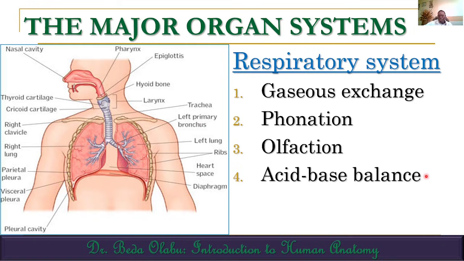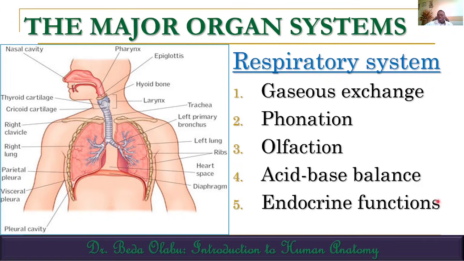We have blood, we have the lungs, and we have the kidneys. Also, the respiratory system may have some endocrine functions. It may be too much to say at this particular point, but as you go along in your anatomy and physiology, you'll come across the endocrine function of the lungs.